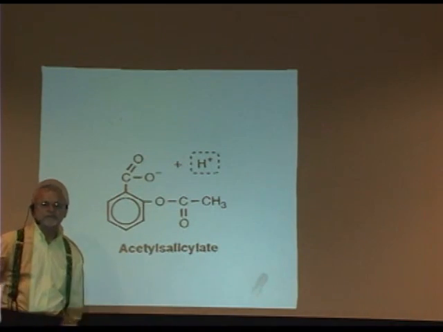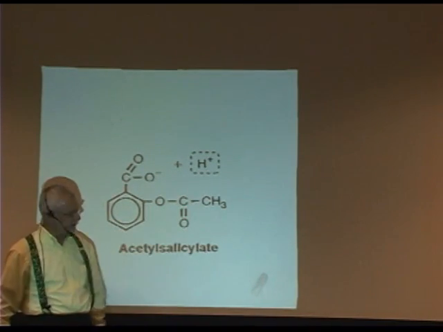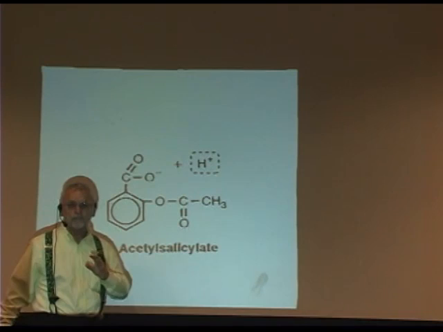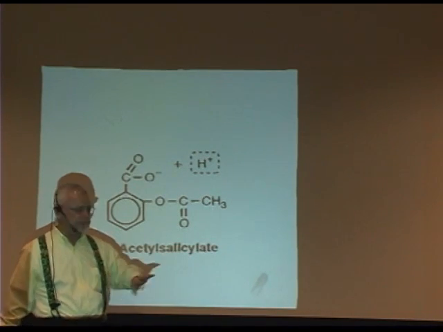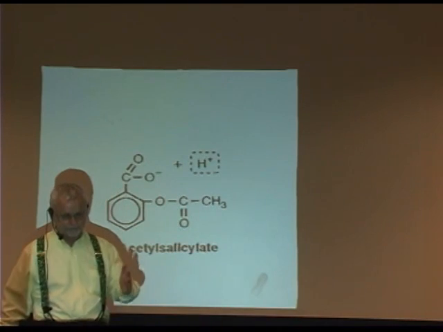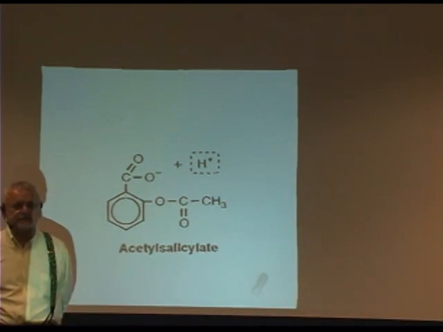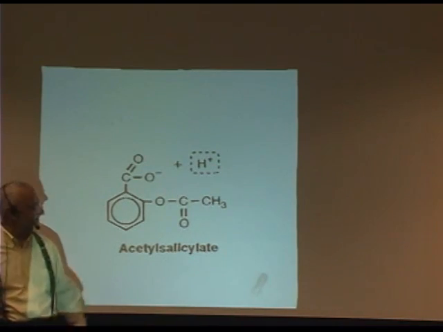When this thing goes into your bloodstream, this happens very quickly. It goes into cells, and this happens very quickly. And in fact, one of the principal reactions of this compound is to transfer this acetyl group to enzyme active sites and things like that, and it changes metabolism quite dramatically.